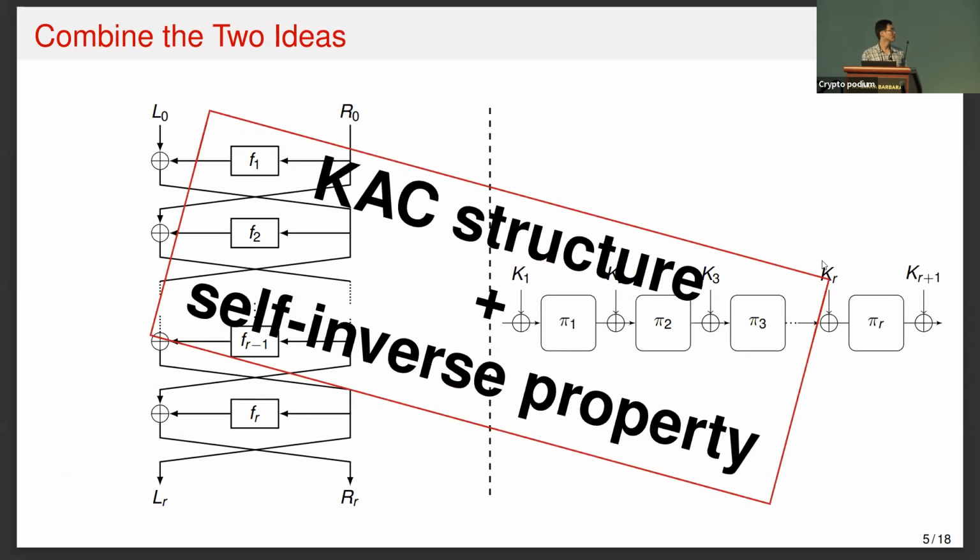You may wonder, and you will get the following question, whether we can combine the two ideas such that we get a design structure similar to the key alternating cipher structure, such that few rounds are needed to build a secure cipher, while still obtaining the self-inverse property of the Feistel network.